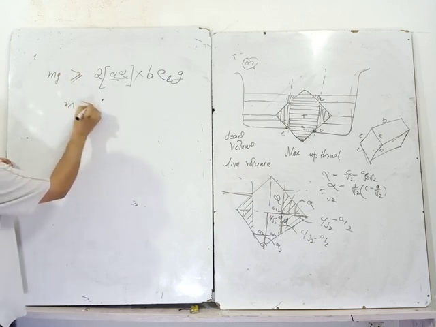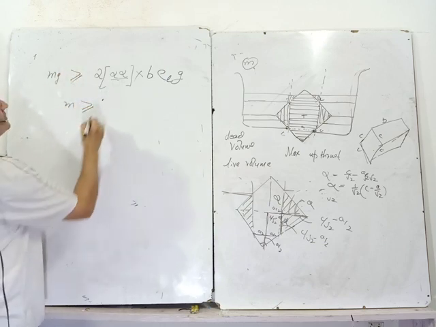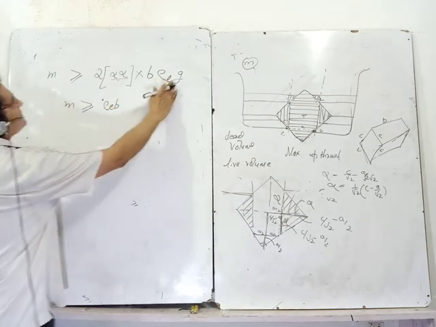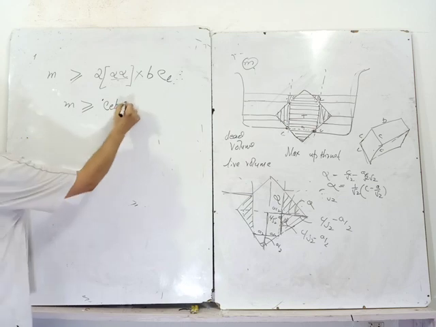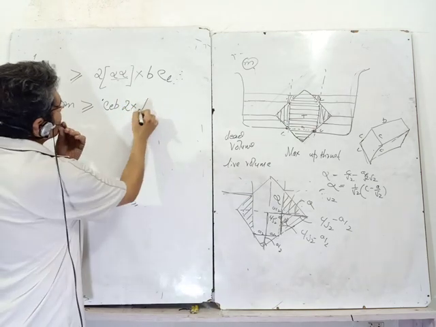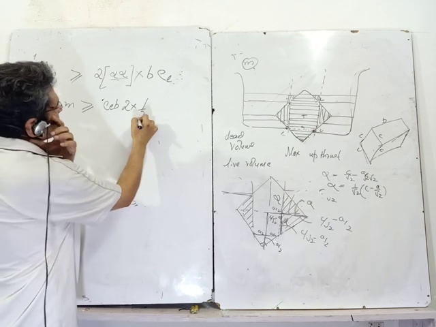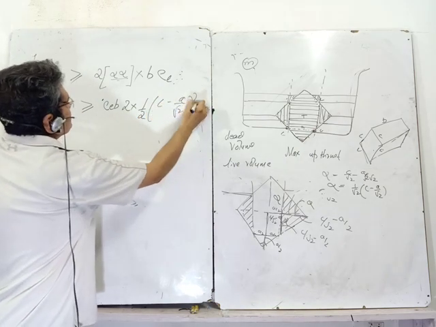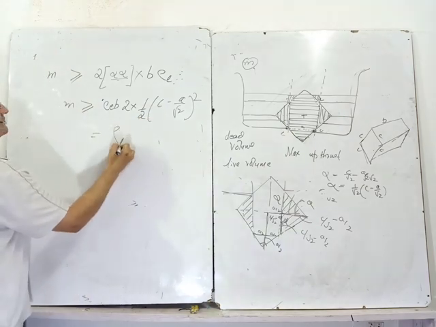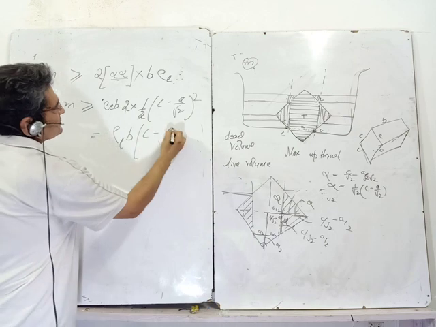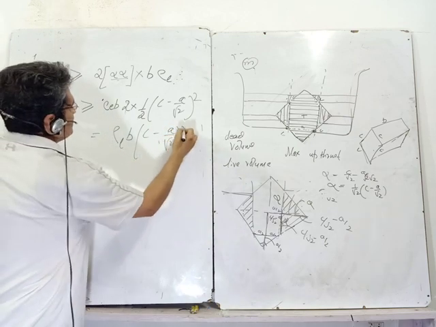So m should be greater than or equal to rho L times b. G gets cancelled, into twice alpha square. Alpha square is 1 upon root 2 whole square, meaning 1 upon 2 times c minus a upon root 2 whole square. So the answer is rho liquid into b, this gets cancelled, c minus a upon root 2 whole square.